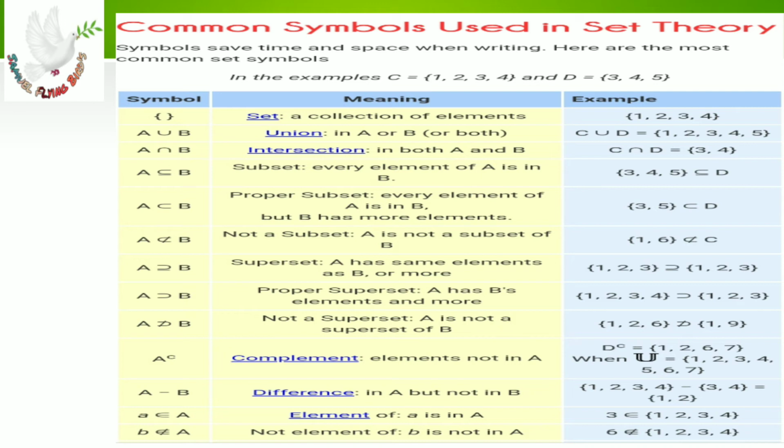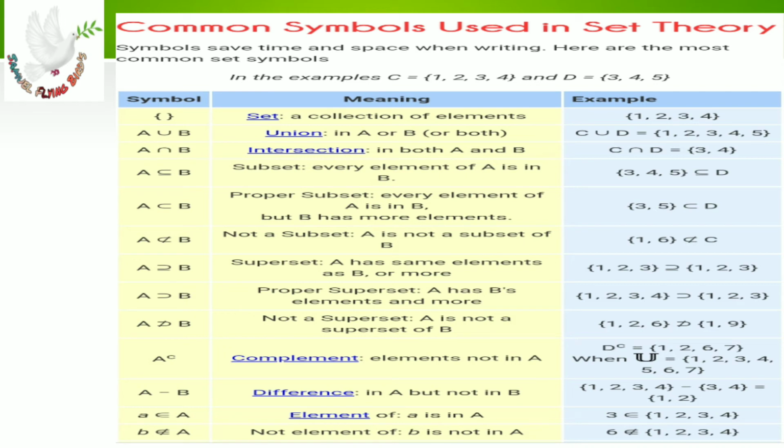A minus B is the difference: in A but not in B. For example, {1, 2, 3, 4} minus {3, 4} is equal to {1, 2}.